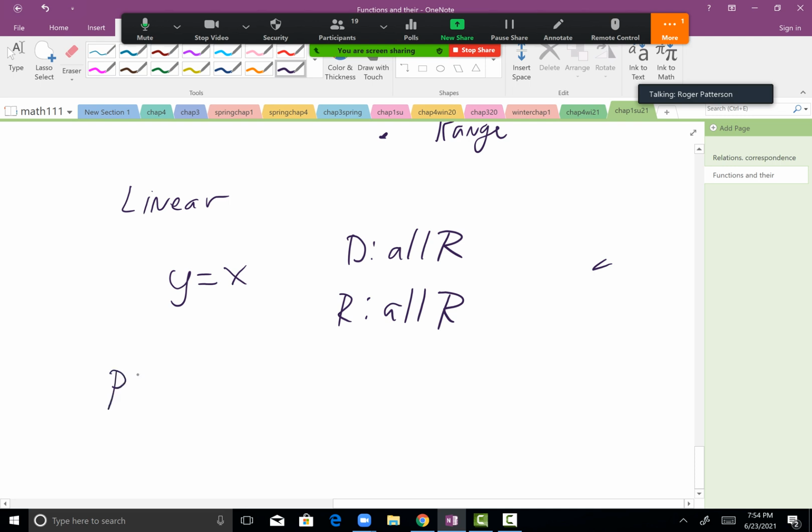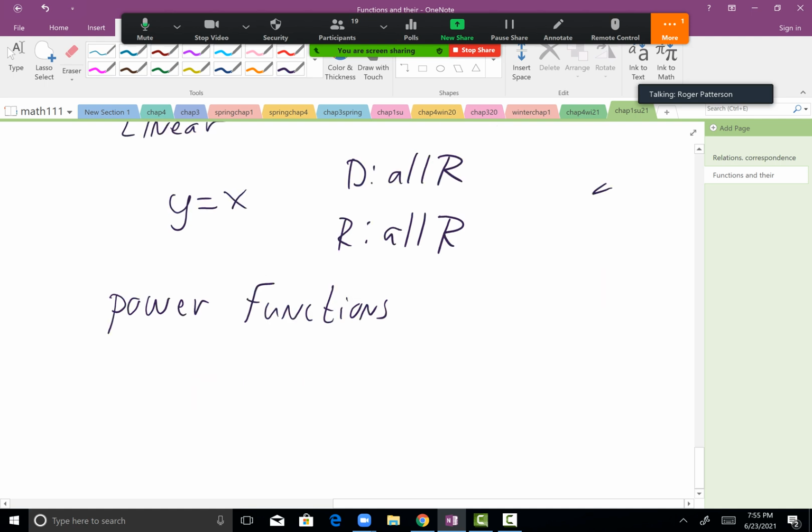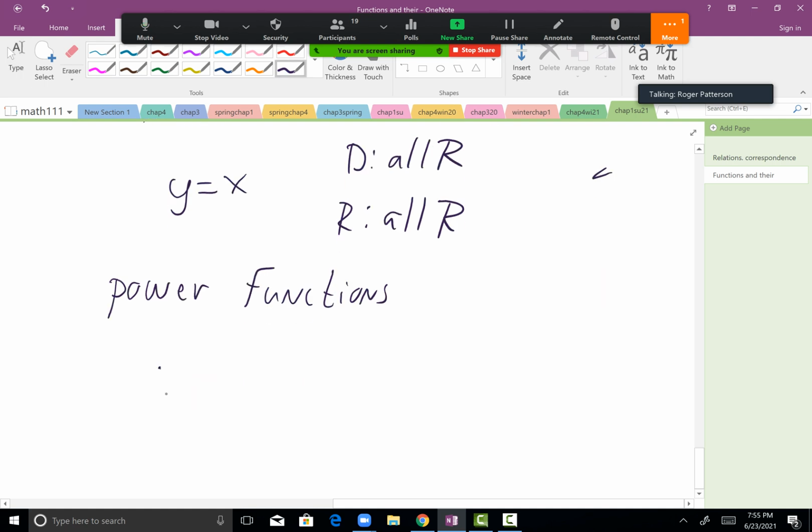These are called power functions. Power functions include a lot of different functions. Okay, so they include y equals x to the n. So when you're talking about domain, range, and shape of the graph, we're getting different things. So when n is even, what's my domain going to be?